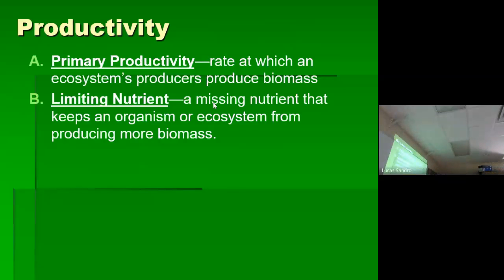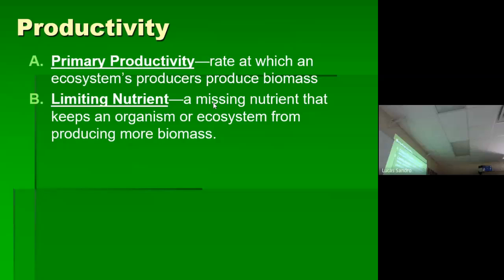Basically, you're asking, what's the thing they ran out of first when they reached their maximum growth rate, that you could add and they would grow even faster? What's the limit they hit first? Was it how much water? Was it how much sunlight? Or was it something else? In most cases, the answer is it was something else.